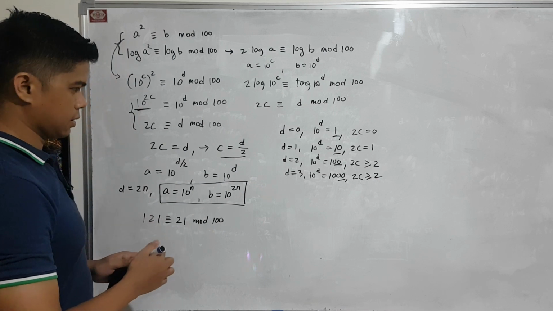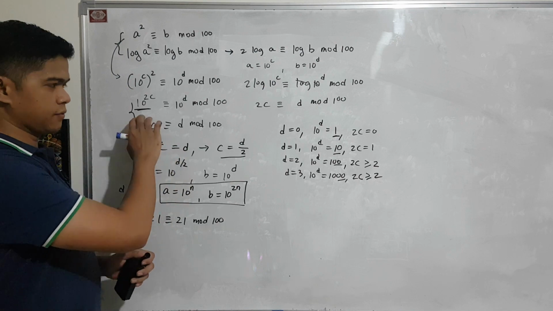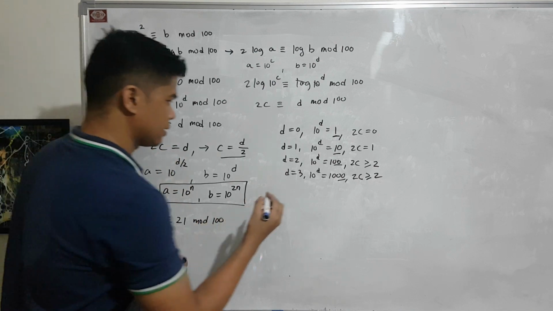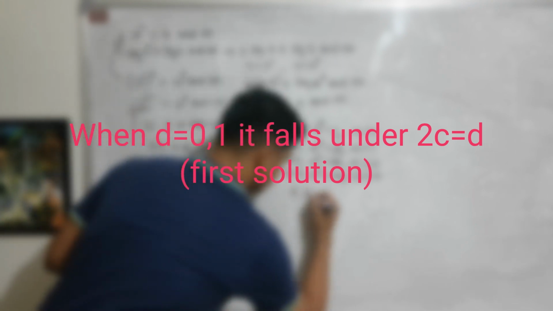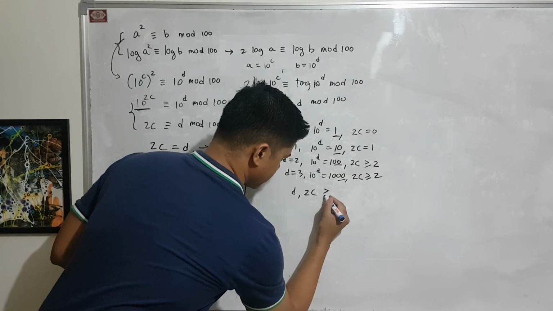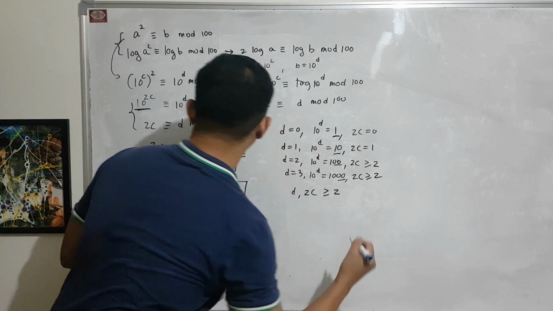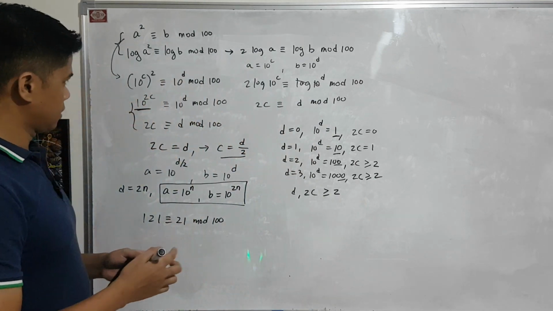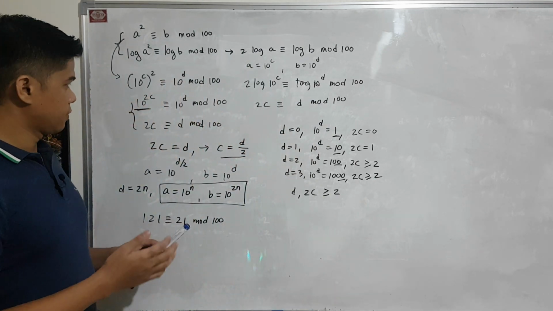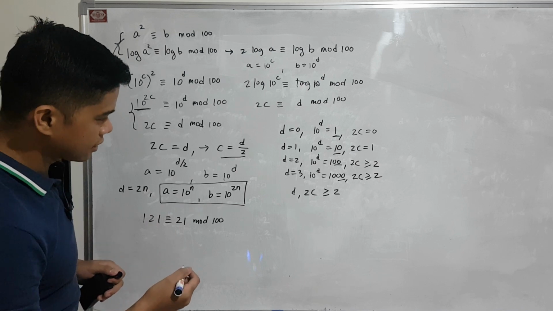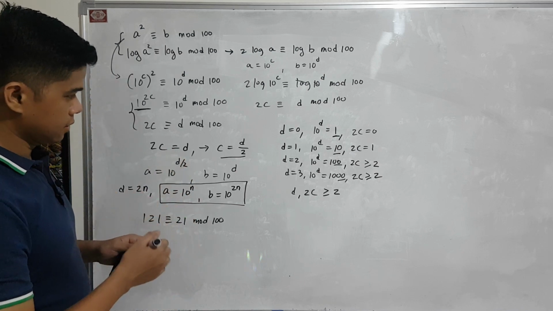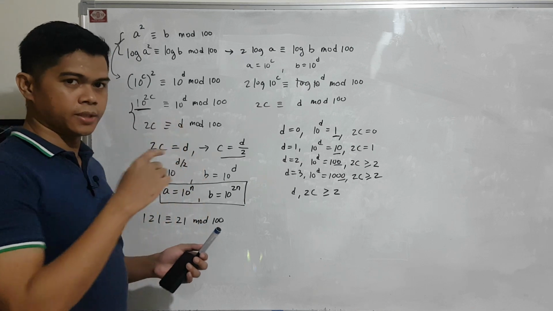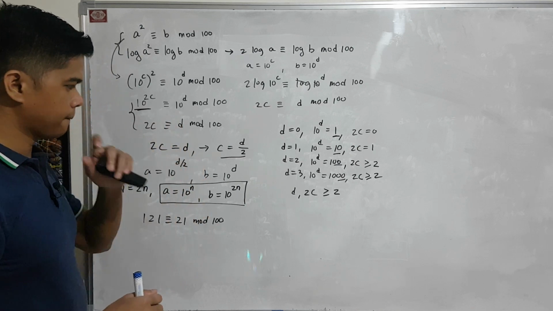That to satisfy the first congruence, D and 2C must both be greater than or equal to 2. For their last two digits to be equal, the exponents of 10 must be greater than or equal to 2.